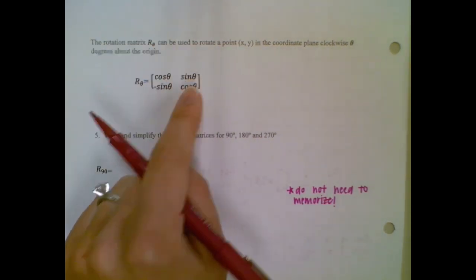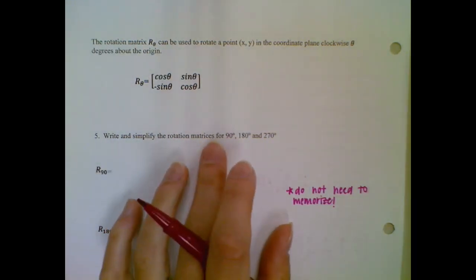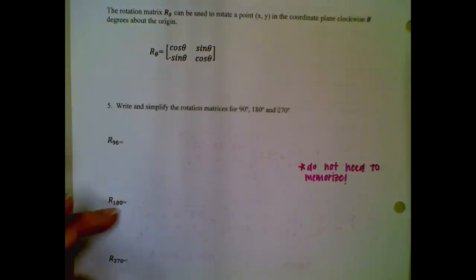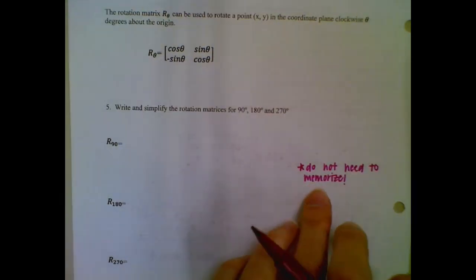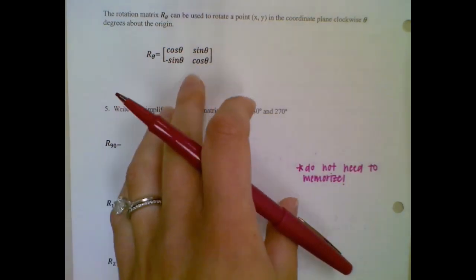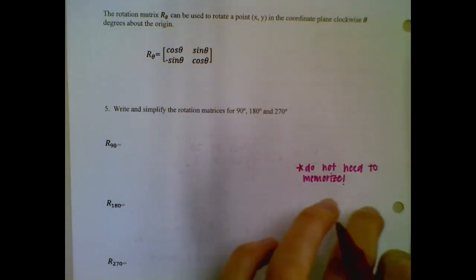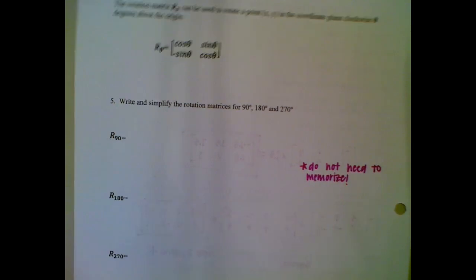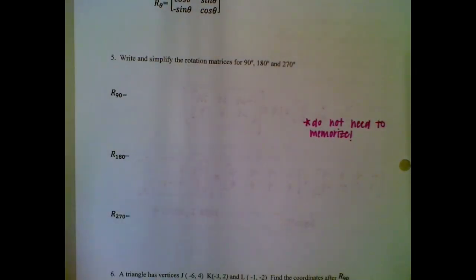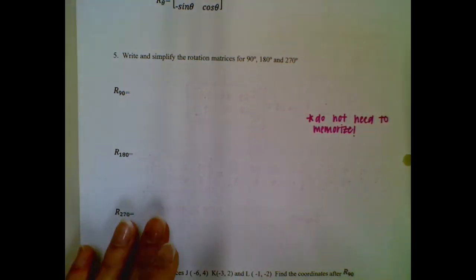We're going to write and simplify the rotation matrices for different angles here for 90 degrees, 180, and 270. You do not need to memorize them or technically solve them because I'm just going to give you what they are on a test or a quiz. But I do want to show you how they come about. So that's what we're doing here on number 5, okay?